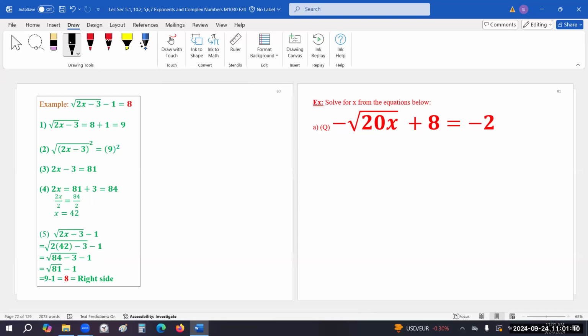The rule is when we have a radical with something extra, either in the front or on the side, that time the radical is very strong. So we cannot touch the radical if it's strong. So our goal is to make it weak. So you get rid of everything we have next to the radical. Here we have plus 8, we need to get rid of that. Then we have minus in the front, get rid of that. So when we get rid of everything next to the radical, now the radical becomes very weak. So that time we can apply the square power to both sides and the radical disappears.